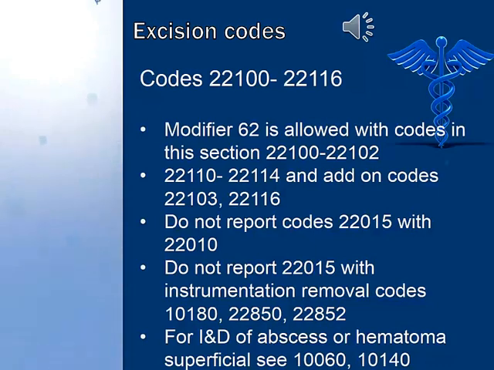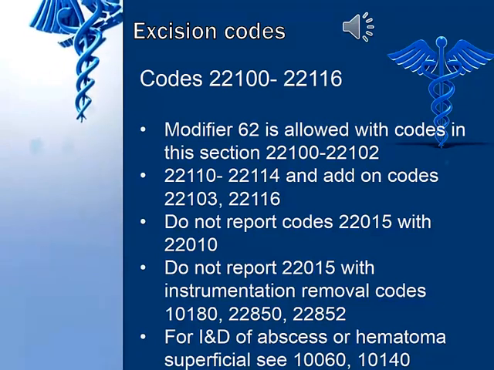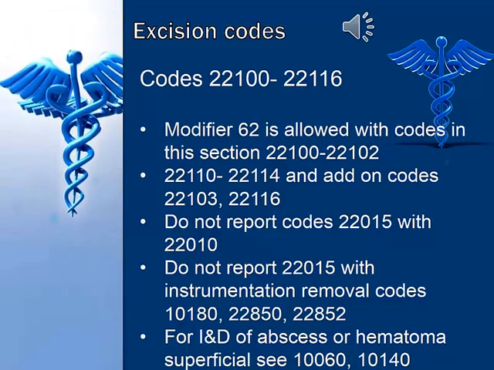For needle biopsy of soft tissue, you're going to need to use code 20206. To report excision of soft tissue tumor of the back or flank, you will need to use code 21930. Then you get further into the codes themselves, which are 22100 again to 22116.